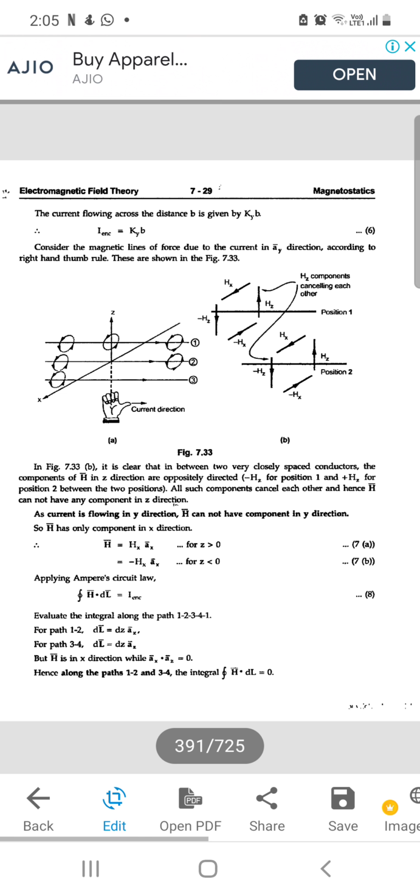So H is equal to Hx ax for z greater than 0 and H is equal to minus Hx ax for z less than 0. Now applying Ampere's circuital law, the integral of H dot dl is equal to the current enclosed, I enclosed. Evaluate the integral along the path 1, 2, 3, 4, 1 as in the earlier figure.